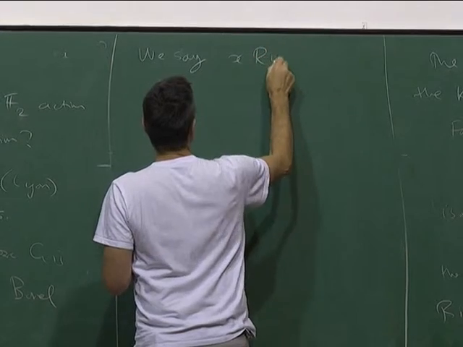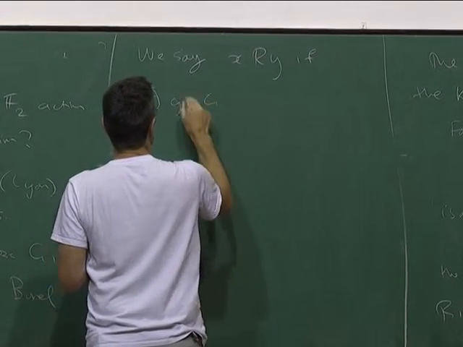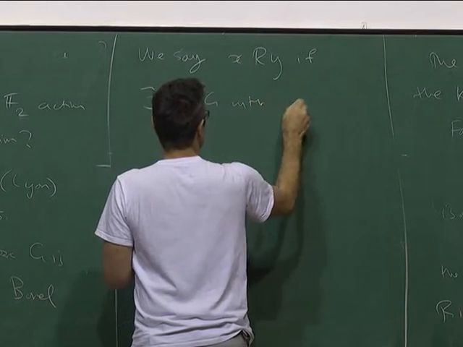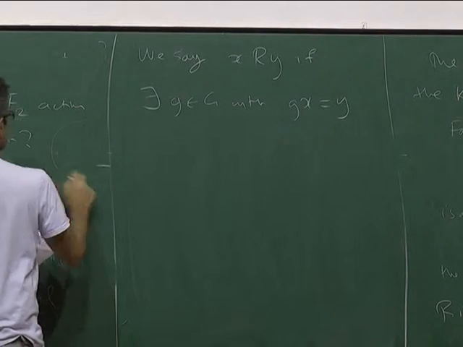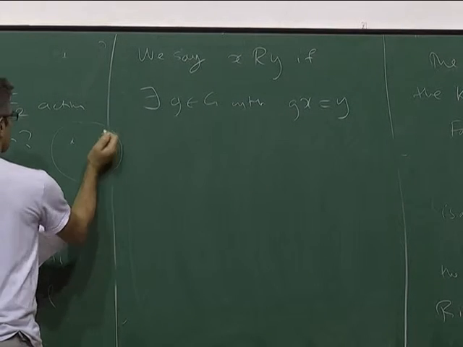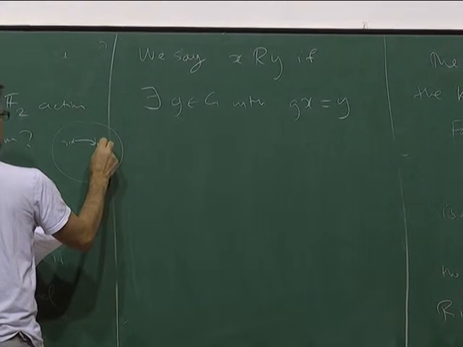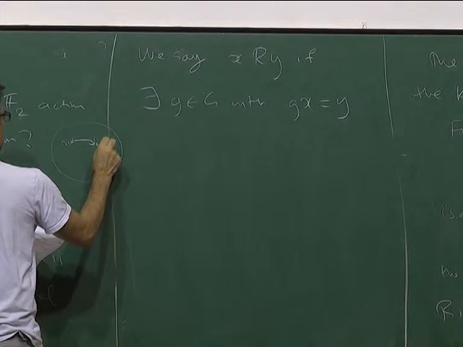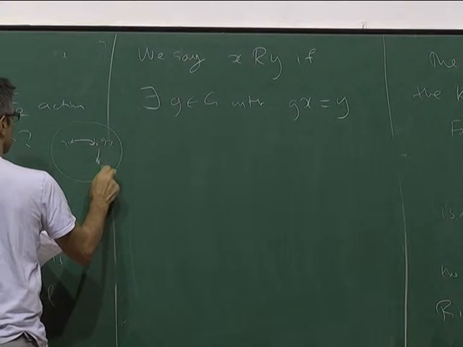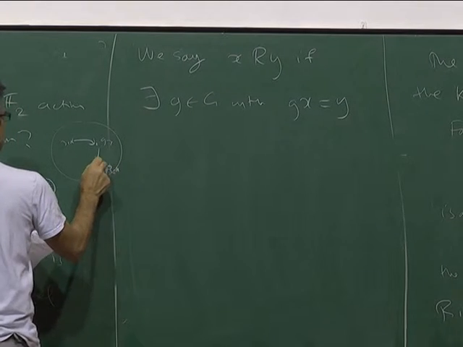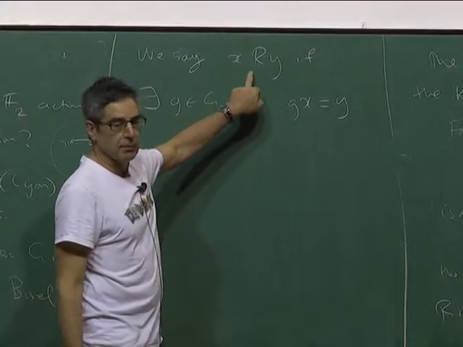So let's say x relates to y if there exists a g in G with gx equal to y. So we're thinking of these as orbits really. There's x, there's gx, there's g1, g2x, etc. So all the points on a group orbit are put into the same equivalence relation.